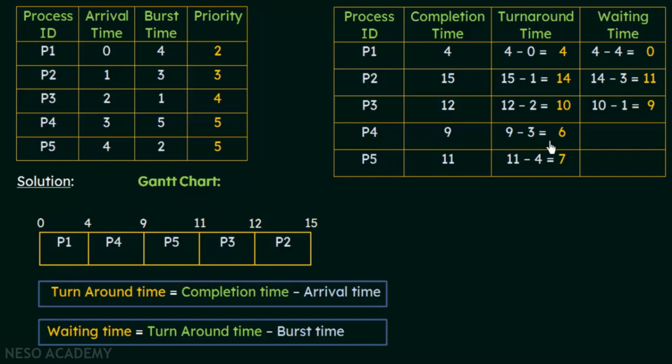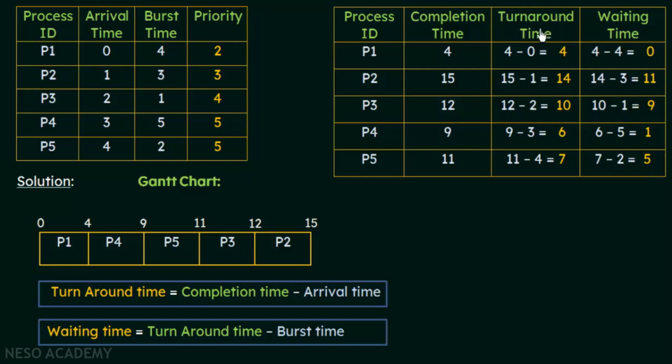And for P4, the turnaround time is 6, and the burst time of P4 is 5. So that will give us a waiting time of 6 minus 5, that is 1 millisecond. And finally for P5, the turnaround time is 7 and the burst time is 2. So we have a waiting time 7 minus 2, that is 5 milliseconds. So we have also calculated the waiting time for this set of processes P1 to P5.